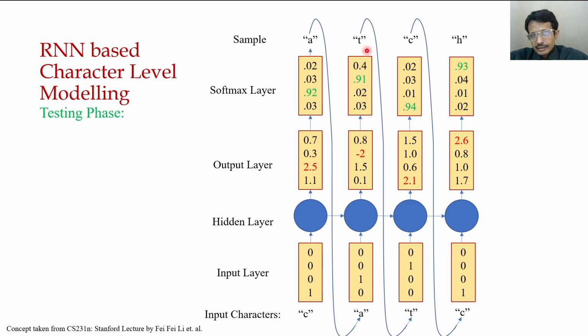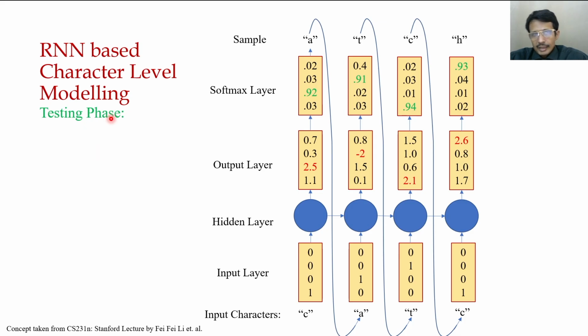This is some kind of autoregression, but we'll discuss this later. So this T will come to the next, and this to the next, and so you can go C, A, T, C, H. So this is CATCH. This is the way the character-level RNN is used at testing time.